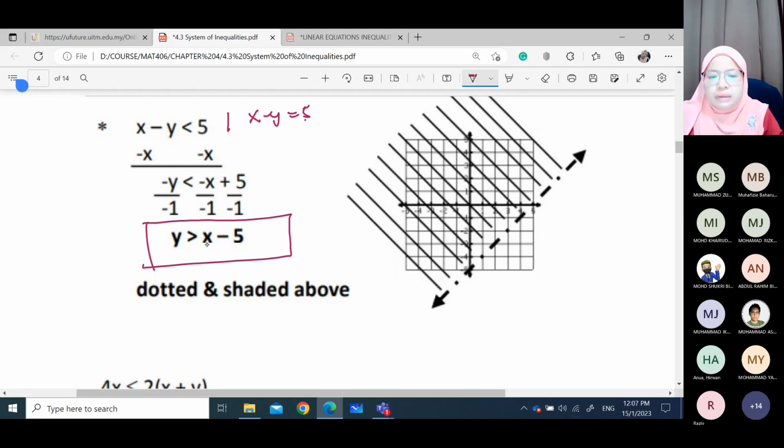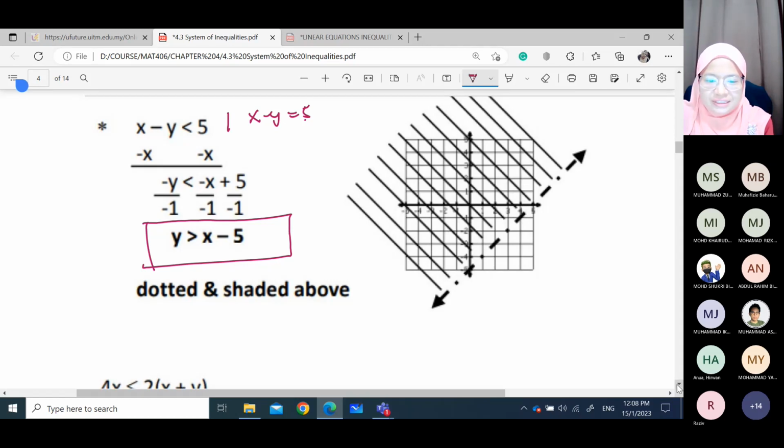Y lebih besar daripada x minus 5. So that means the region of these inequalities is above the graph. Berada di atas graph, sebab y lebih besar daripada x minus 5. Okay. Boleh ya?